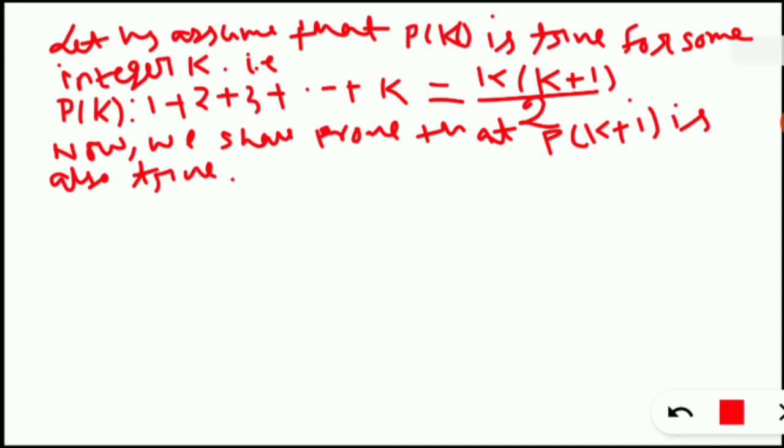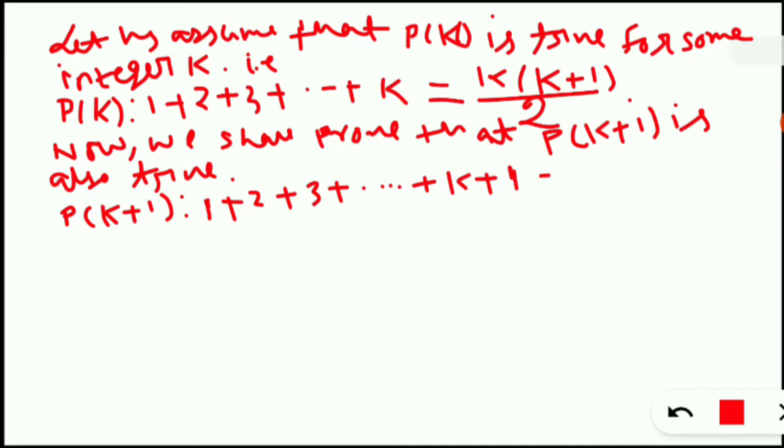Okay, that means we shall prove that P(k+1) such that 1 plus 2 plus 3 plus dot dot k plus 1. Here we put k plus 1 in the place of k.